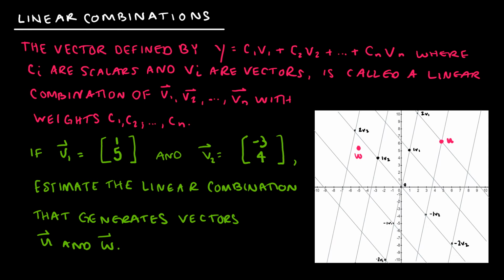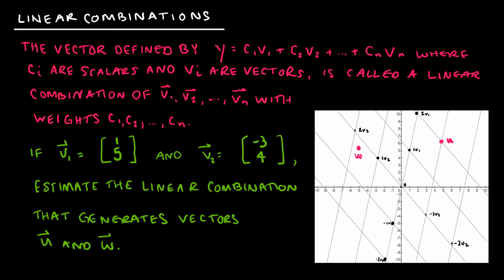So it makes much more sense if we can look at this in a visual aspect. As you can see, I already have a graph out here for you, and I've already plotted V1 at 1, 5, and I haven't actually drawn the vector, I just plotted the point. And then I also multiplied it by 2, so that's 2v1. I multiplied it by -1 and multiplied it by -2.